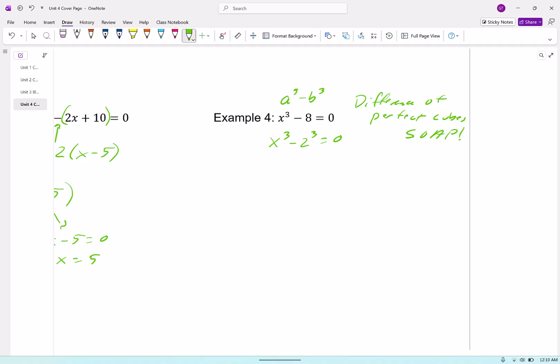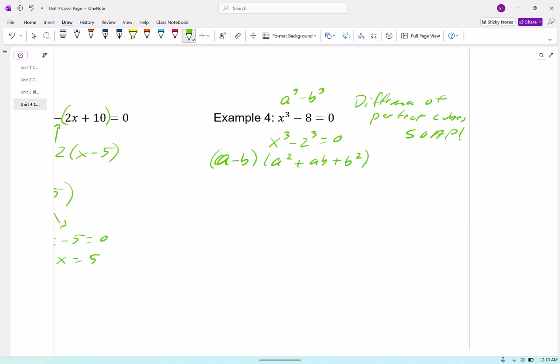So remember, that is a minus b times a squared plus ab, then this is going to be plus b squared.